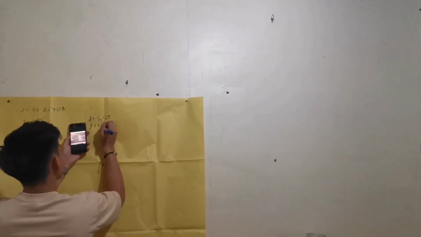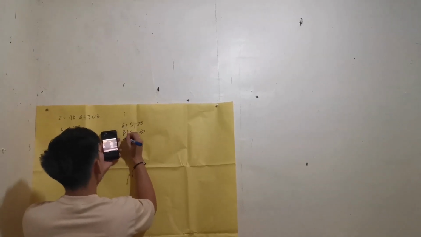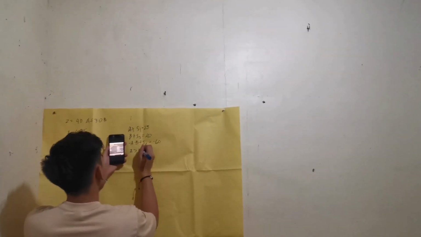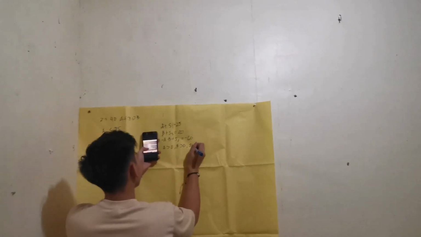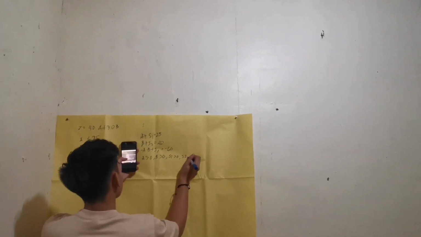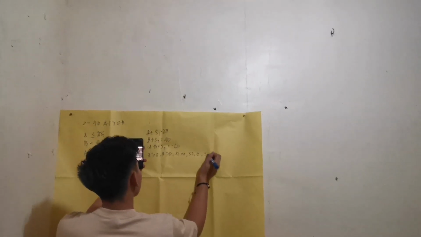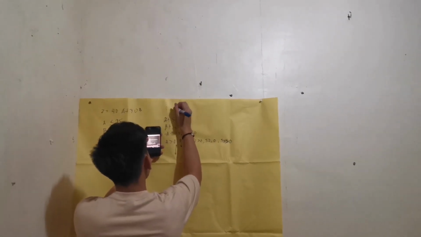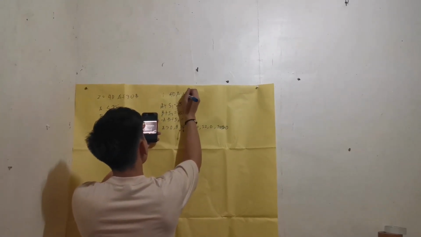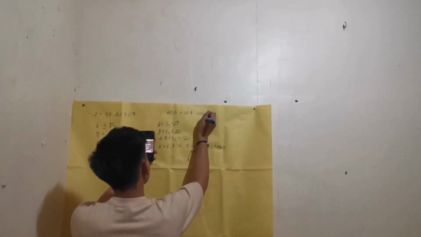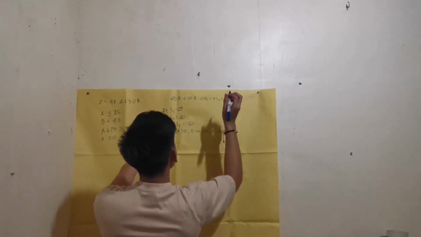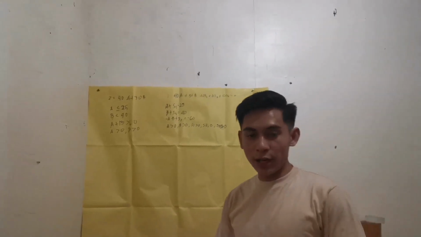B plus. Ayan. So, nakuha na natin yung mga constraints natin. So, ilagay natin siya sa ating tableau.